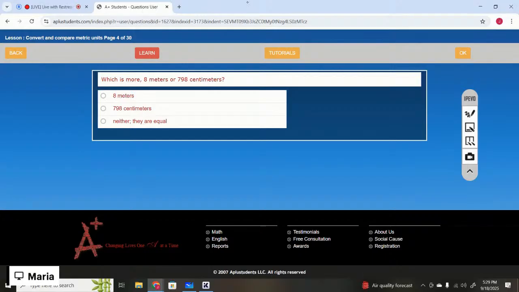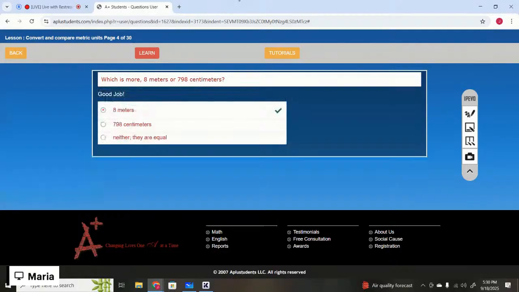Which is more, 8 meters or 798 centimeters? 8 meters is more than 798 centimeters. Option number 1 is the correct option.